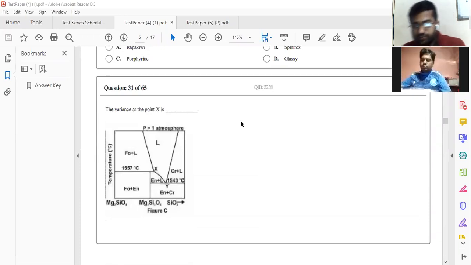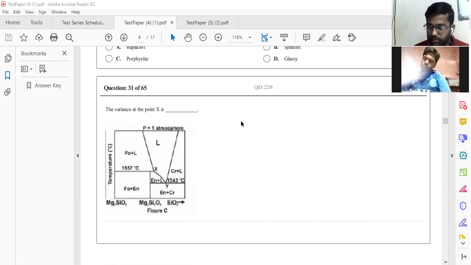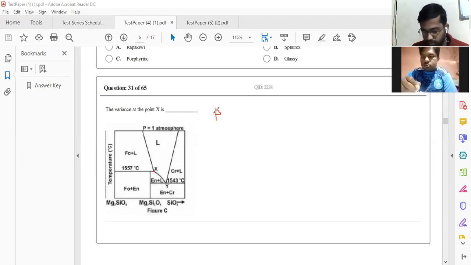Now see this. The variance at the point X is. So your point X is detective point. Okay. Now calculate. Okay. So number of phases. First calculate the phases at point X. Okay.